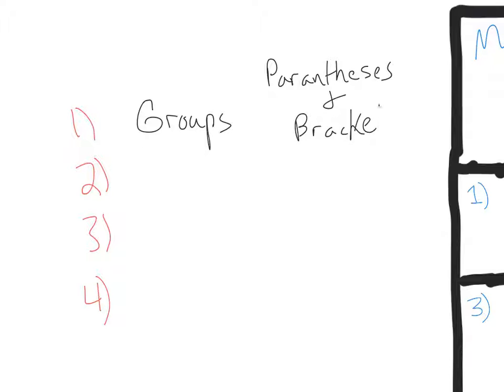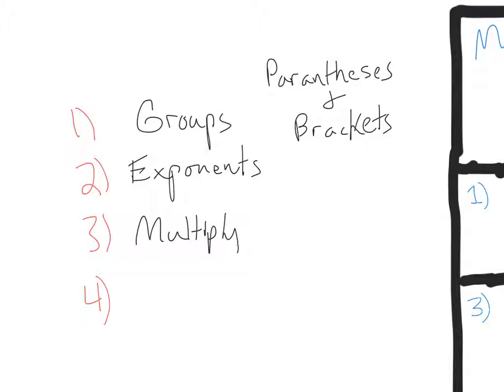And the second thing that you want to do is work with all of your exponents. And then the third thing is you multiply and divide from left to right.